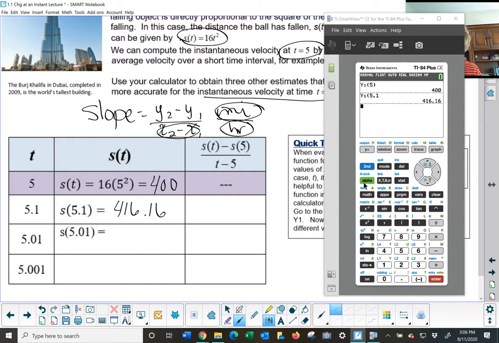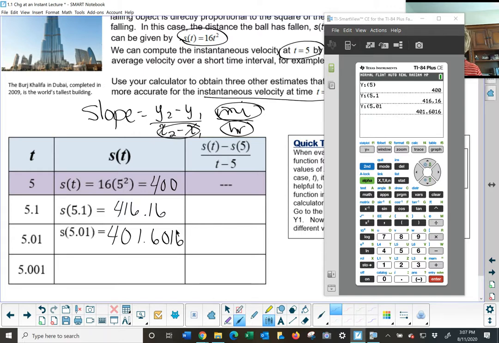So once again, alpha, trace, y1 is where I want to work. Get a parenthesis, and I need 5.01, enter, 400.4016. Now I said in AP Calculus we always go to 3 decimal places. That's for our final answer. So if I have more decimal places in the intermediate work, I'm going to keep those extra decimals.